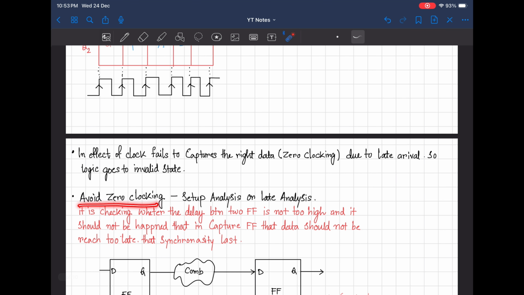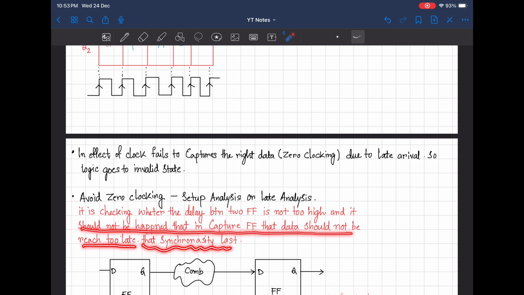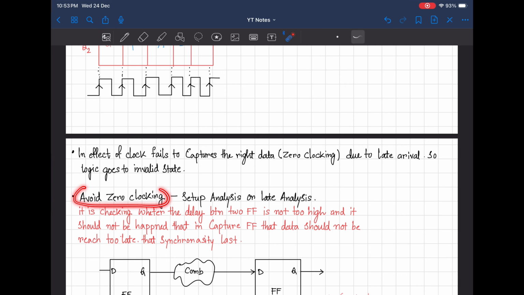To avoid zero clocking, we check whether the delay between the two flops is too high, so that the data does not reach the capture flop too late. The data synchronicity should last as much as possible. So avoiding zero clocking means we do the setup analysis, or the maximum analysis, or you can say late analysis.